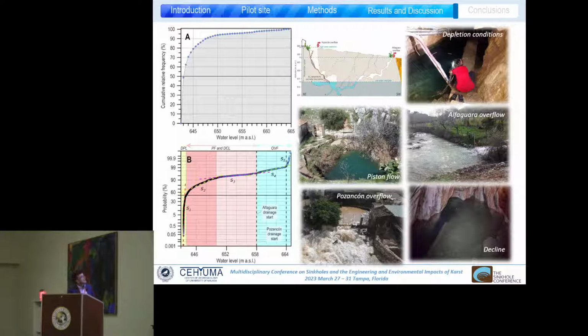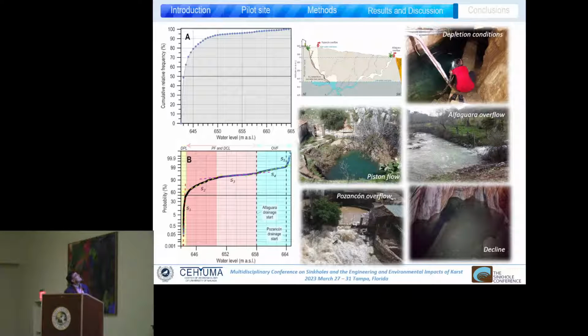Like this, we can analyze the flow rate in more detail, for example, using cumulative relative frequency. It's possible to see how in 80% of the cases, the flow rate, or the water table, is under 645 meters.